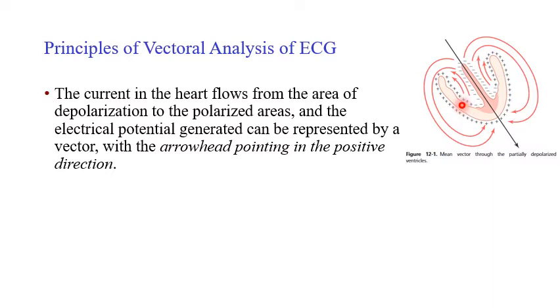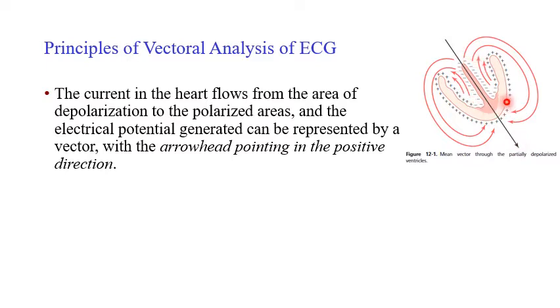And actually the main vector of this current or of these potentials is running to the inferior and to the left side, which we call the mean vector through partially depolarized ventricles.